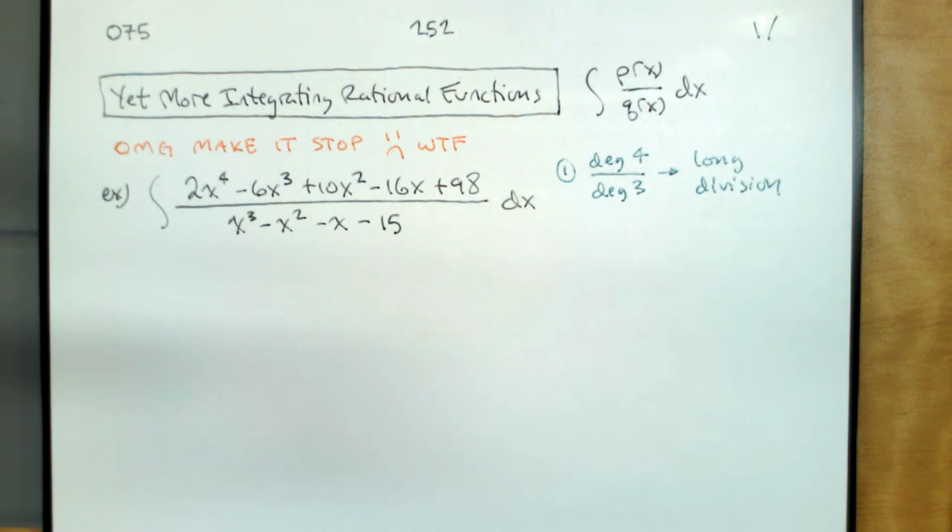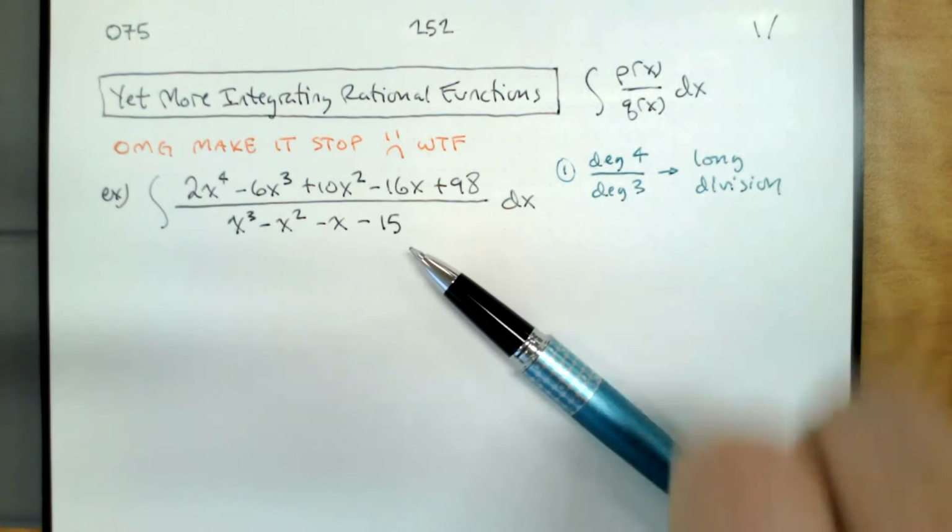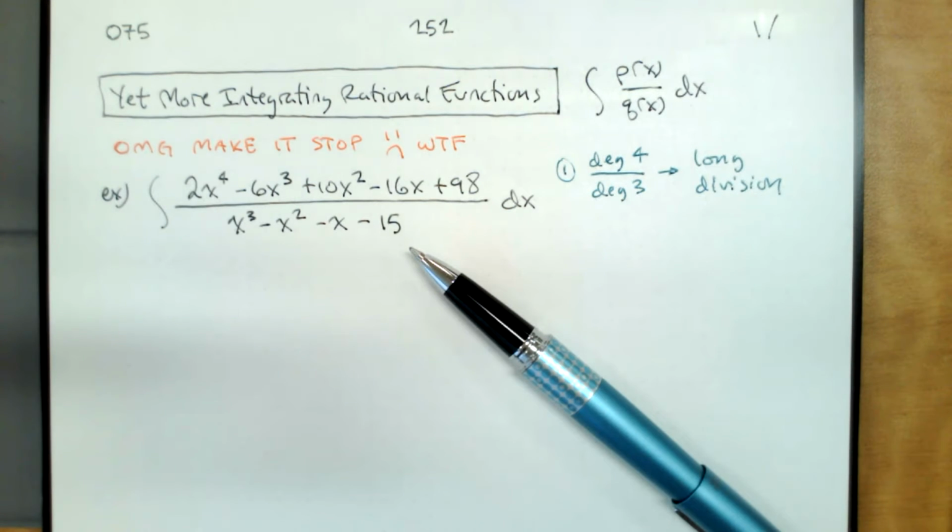What else do we notice about this? What's another thing that we notice? With the light blue pen pointing at the denominator. The other thing we want to notice is that the degree of the denominator is 3.